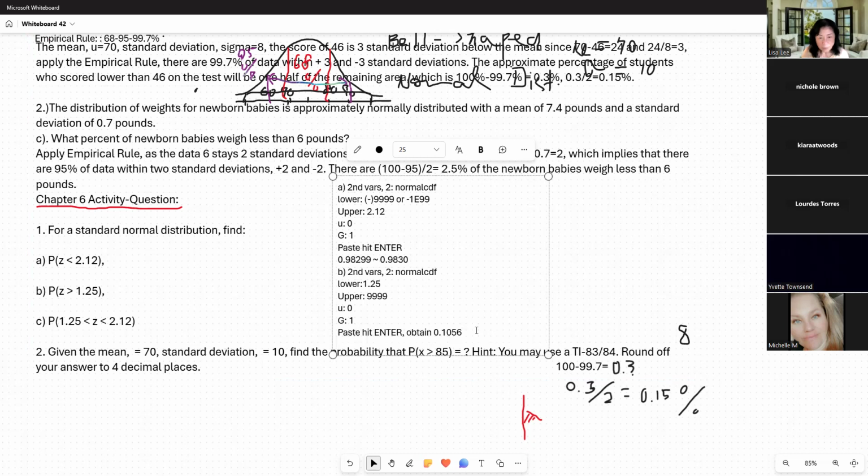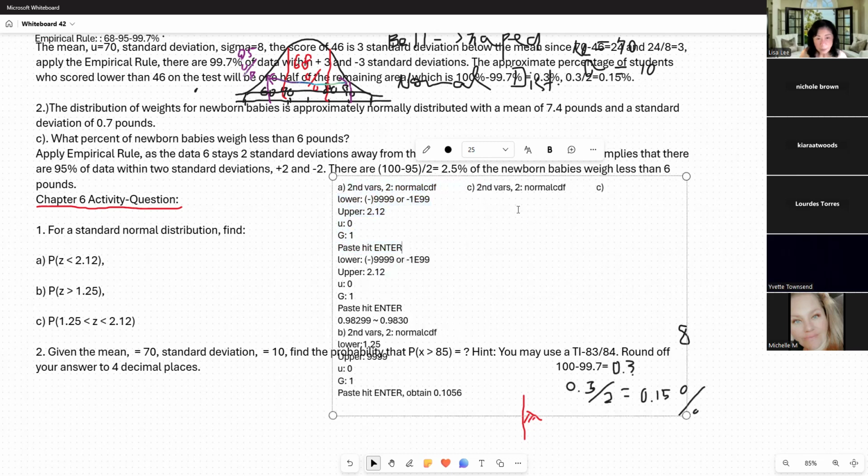Okay. One more, maybe can I set up here? One more, C. You will do the same thing again. Second bounce, normal CDF, but okay. Control C, copy here.